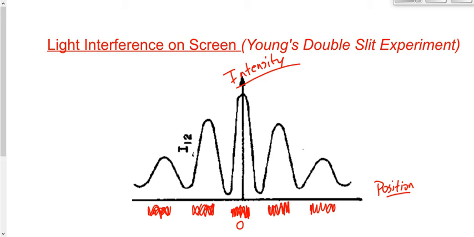And then beside that, we'd have our first order maximum, first order bright spot, first order antinode, where you have high intensity again. And then a minimum, and then the second order maximum. And then on the other side, we have our middle, and then on the left side, we have the same thing. A first order maximum, a second order maximum, and so on and so on and so on. We just haven't drawn them all.